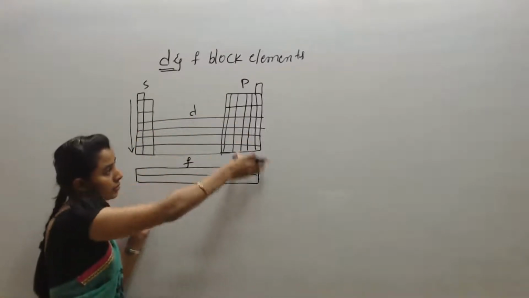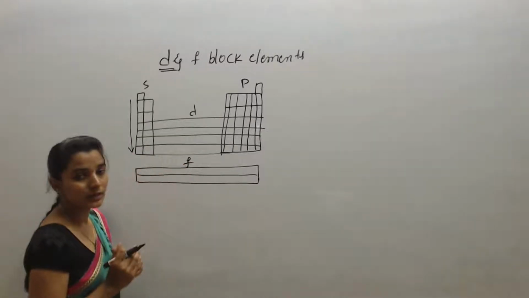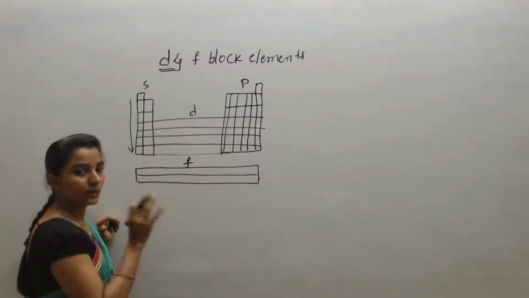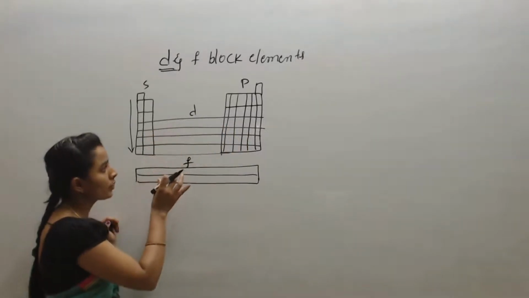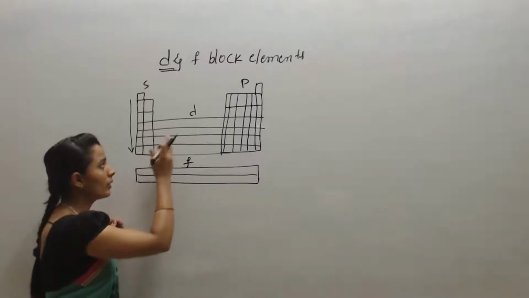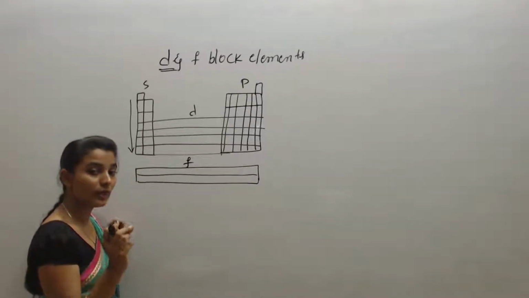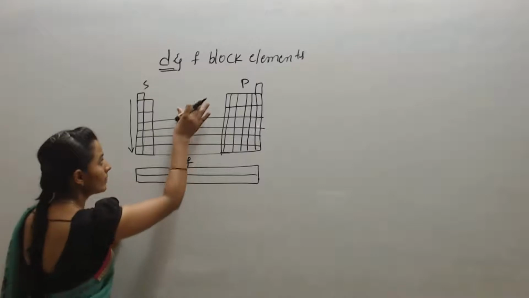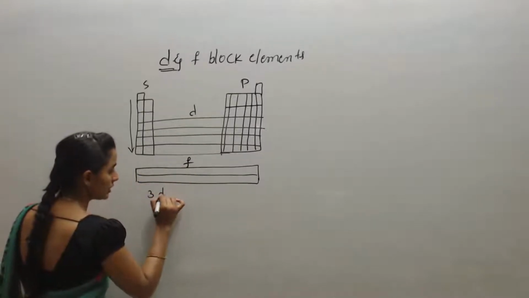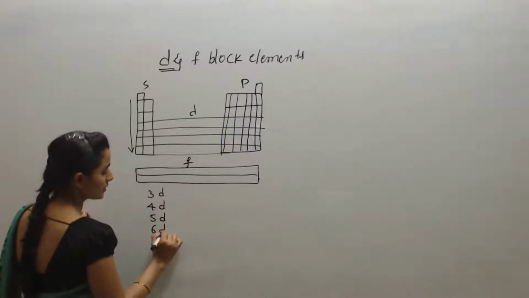But these D block elements are studied along a period, not a group, because they show similar properties and there is not much difference between one element of one group and the element of the next group. But in a series they show different variations. That's why these D and F block elements are studied as 3D series, 4D series, 5D series and 6D series.